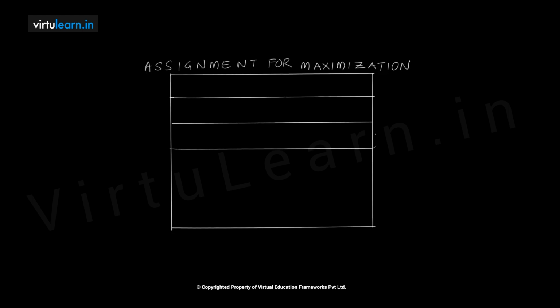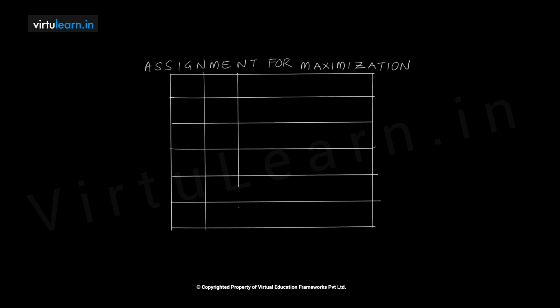Similarly for Q also, the output is given in number of units per day for all the workers P, Q, R, S, T, and our objective here is to make an assignment so as to maximize the output.